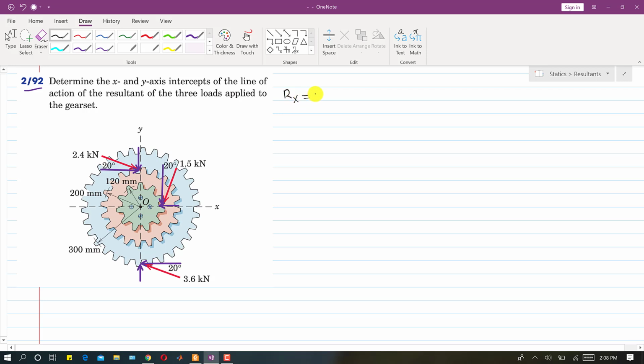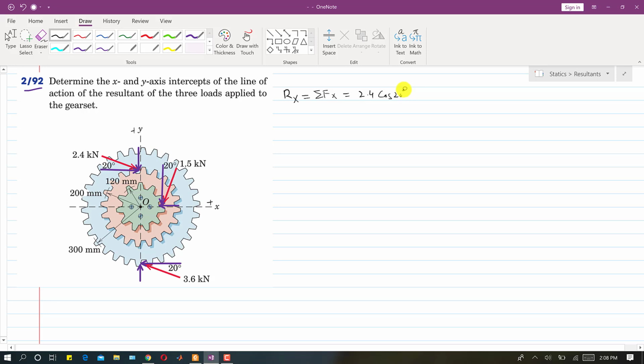Rx will be equal to the summation of all forces along x. If this is the positive x direction and this is the positive y direction, this component is along positive x, so it is 2.4 cos 20 degrees.